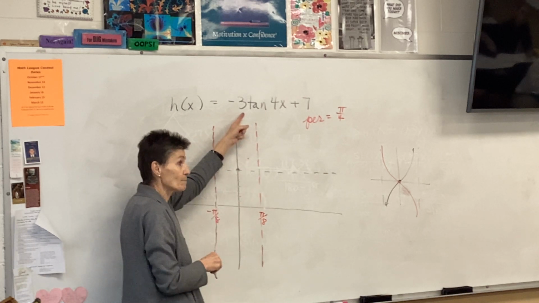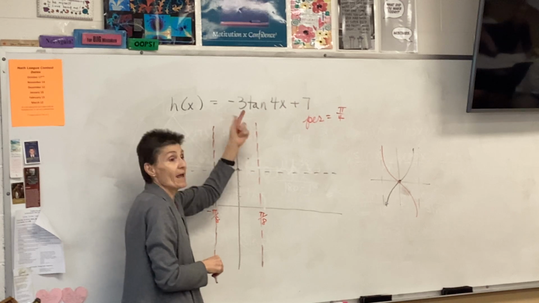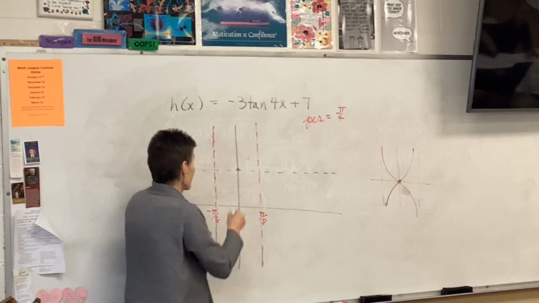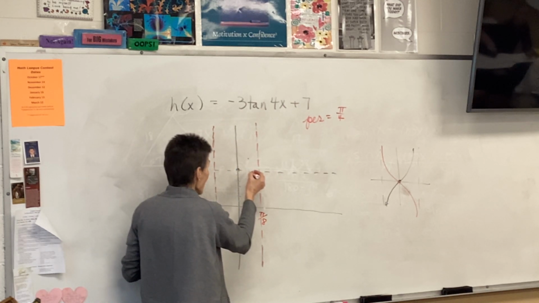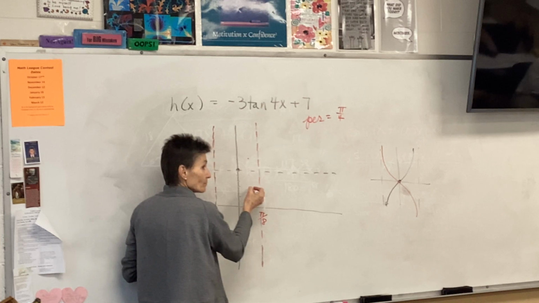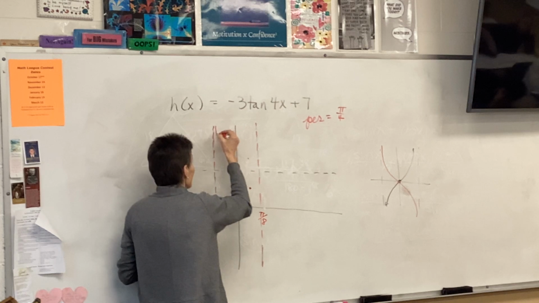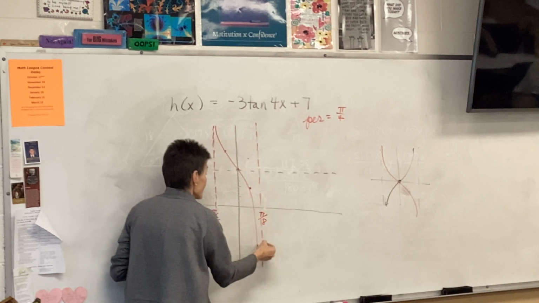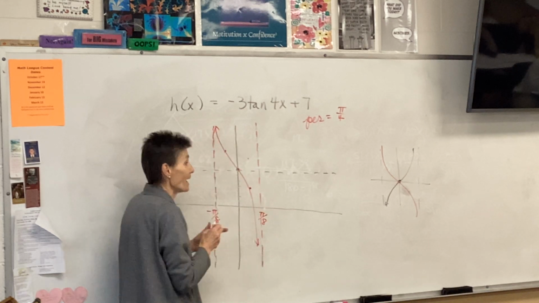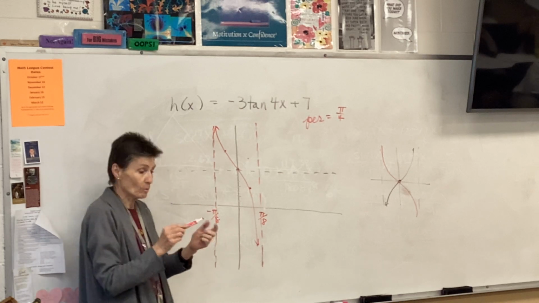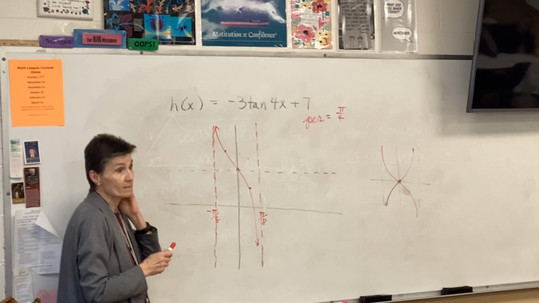I've now times it by 3 and turned it upside down. So now that dot is coming down 3 and over here going up 3. So the curve is steeper, less curvy than it would be under normal circumstances.